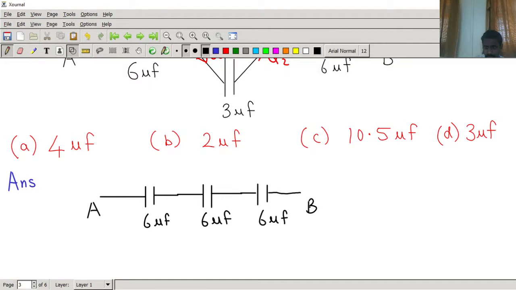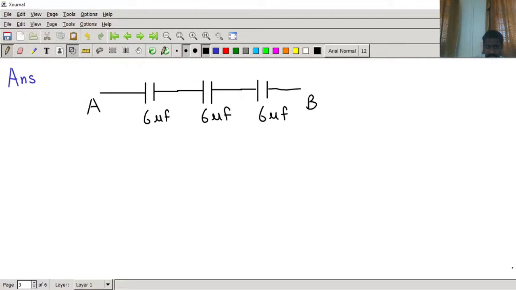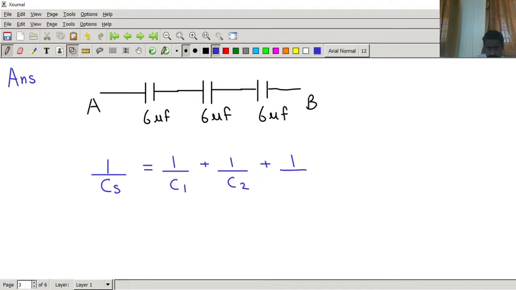As we know, the formula for series capacitance is 1 over Cs equals 1 by C1 plus 1 by C2 plus 1 by C3. We simply add the inverses of the capacitances, so 1 by 6 plus 1 by 6 plus 1 by 6.